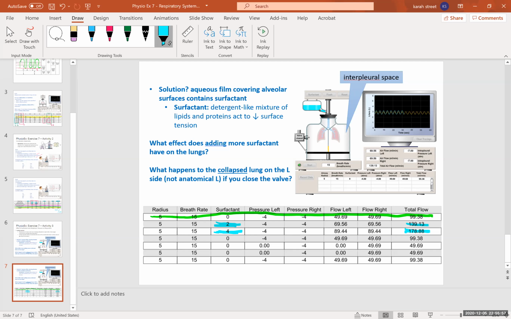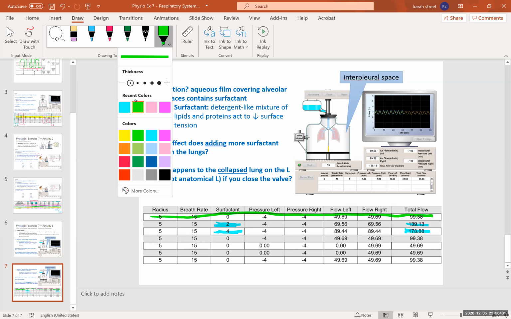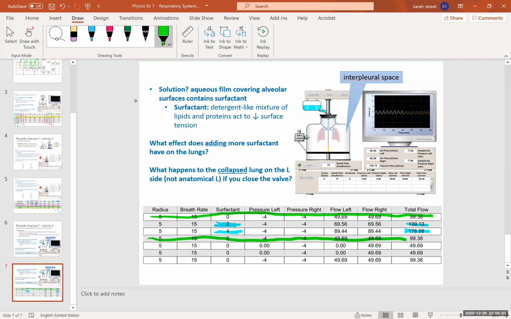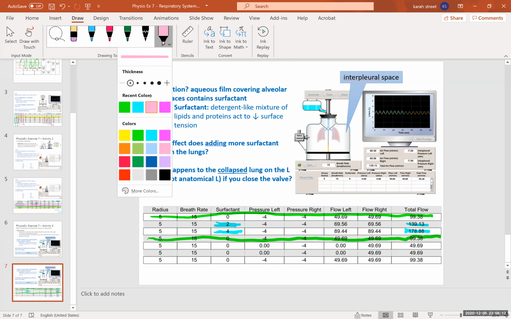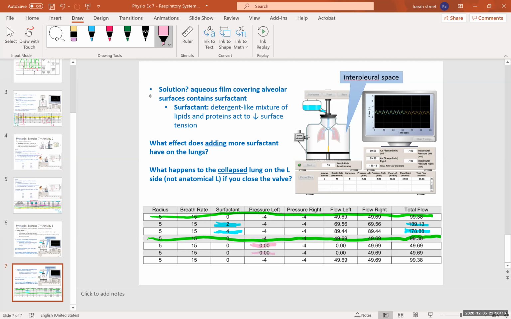Then we go back to our baseline read again. Go back to normal, or what our baseline was. And now we are going to create an atelectasis. We are going to allow the intrapleural pressure around the left lung to become equal to atmospheric pressure.